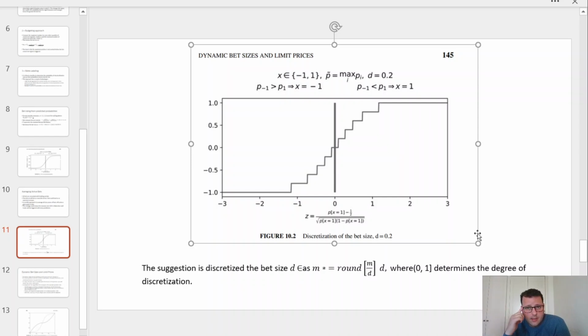So the goal here is to average all bets and reduce the turnover and the overriding trades.